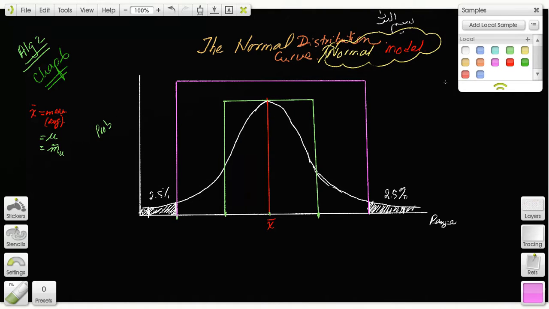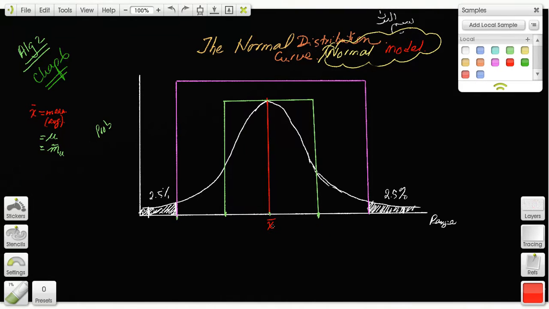Now, what are these boxes? From here to here is one standard deviation, and from here to here is two standard deviations.